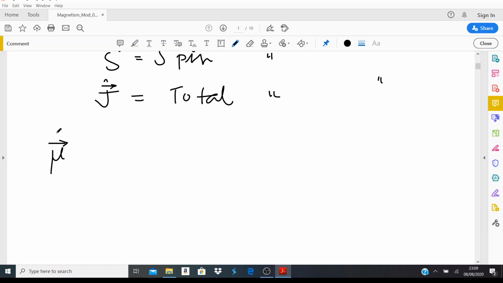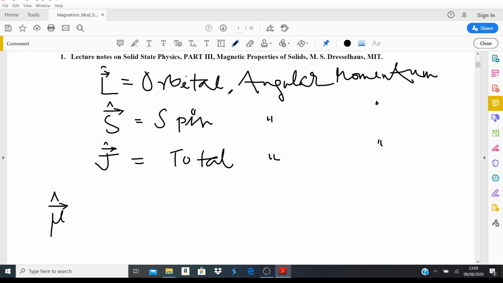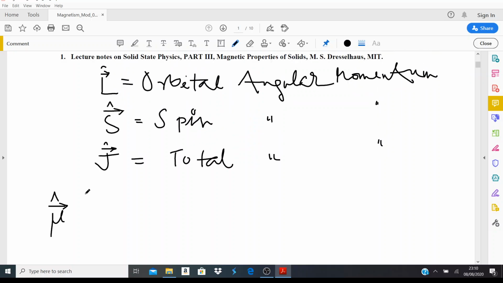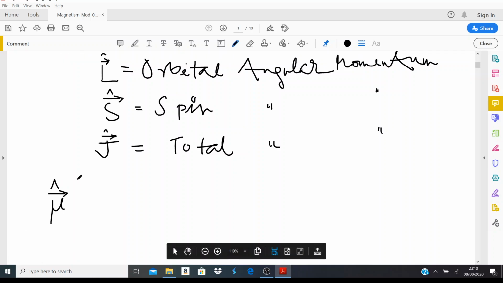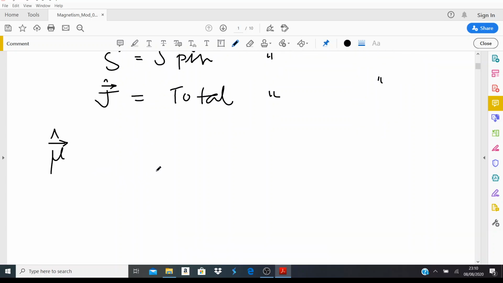In that sense, the measurable quantity, which is the magnetic moment of an electron, should be an operator. So I'm just putting a hat to indicate that that's a vector operator. And this magnetic moment will be due to one of these or all of these angular momentums, right? The question is, how do we relate the measurable magnetic moment of an electron with L, S, or J? So that's our goal in this lecture.